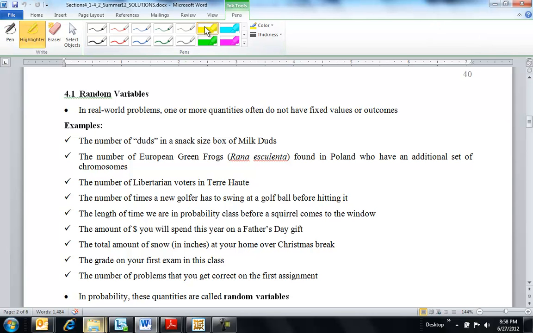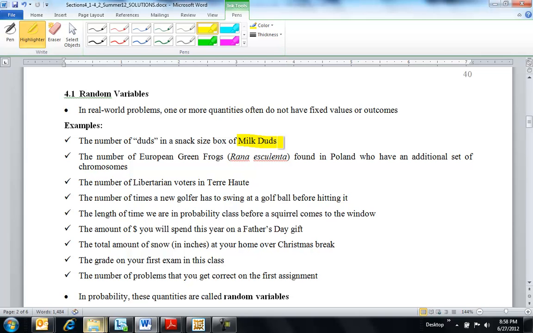So I just started off giving you a bunch of different kinds of random variables. Later we'll distinguish between the types, but right now just think of an object or a situation where you could get many different outcomes, and that's what a random variable is. I don't know what it's going to be, but there are many options. Right now I'm hooked on milk duds at school.